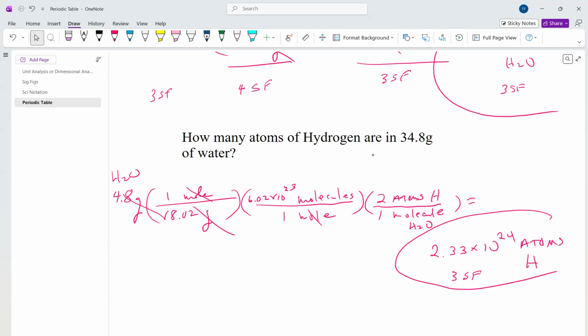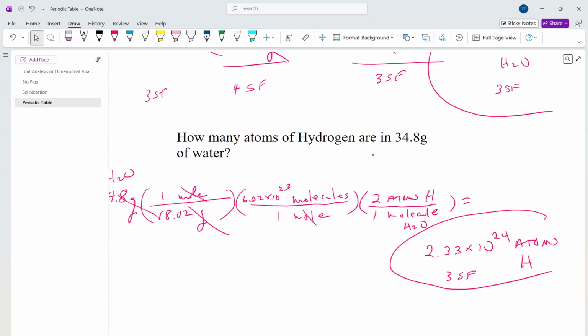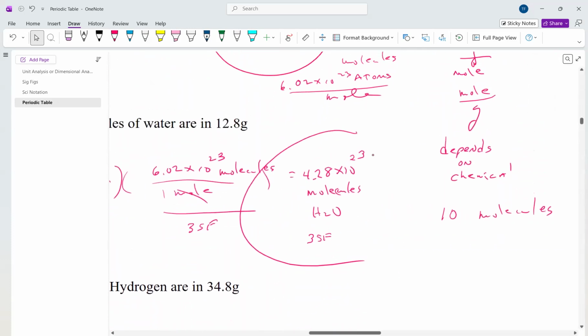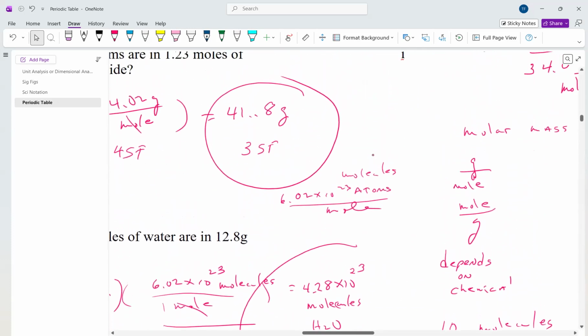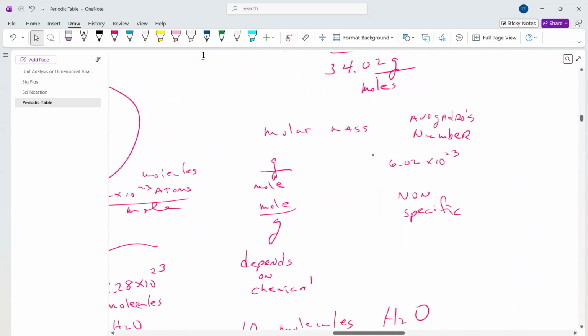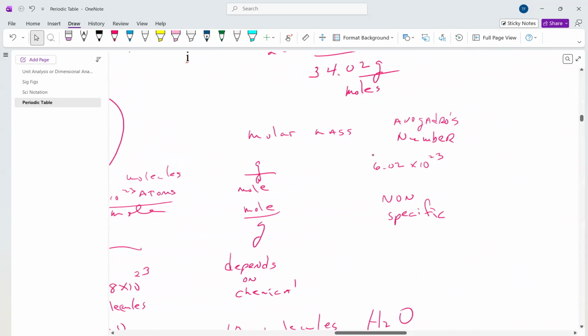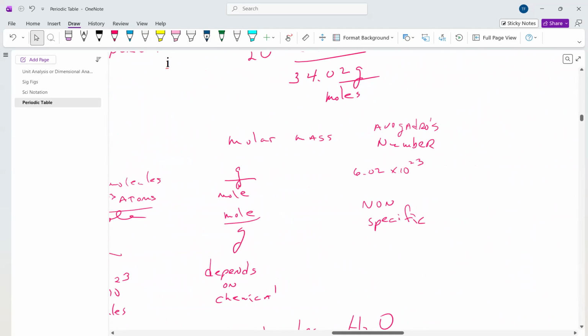Okay, so you have one more conversion factor. So we have molar mass, grams per mole, and Avogadro's number, which is non-specific, and then we have 22.4 liters per mole. And that's also non-specific.